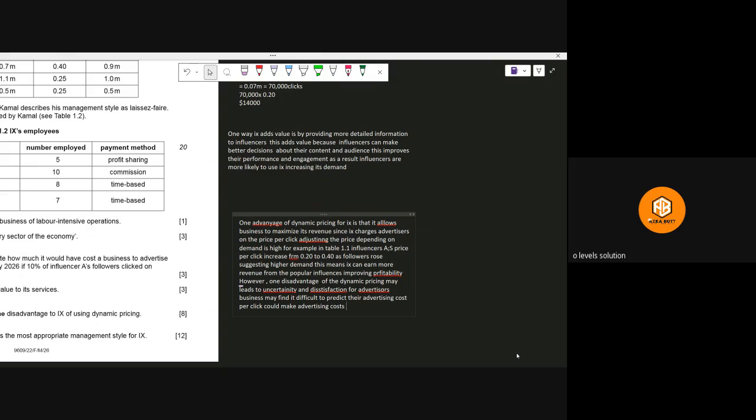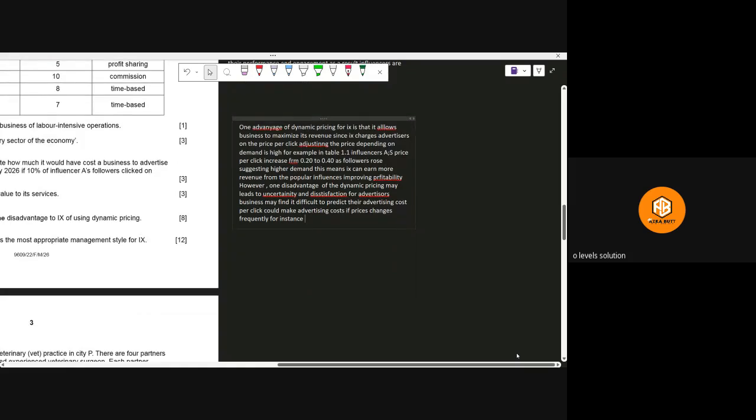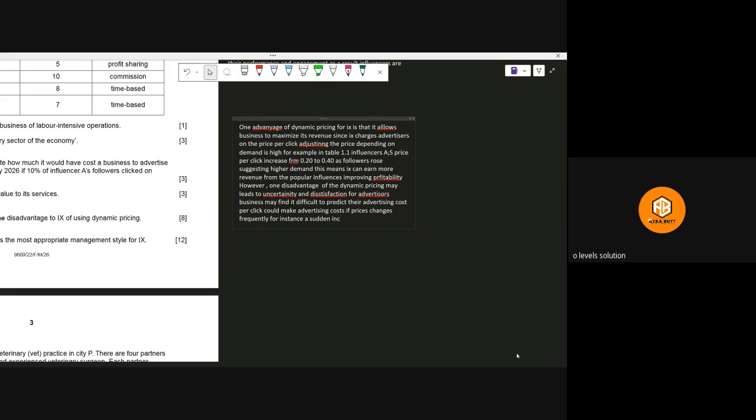So if prices change frequently, for instance, and we have to write the example as well, and it should be relevant to the case study, a sudden increase in price per click, which they are changing every month, would make advertising too expensive.